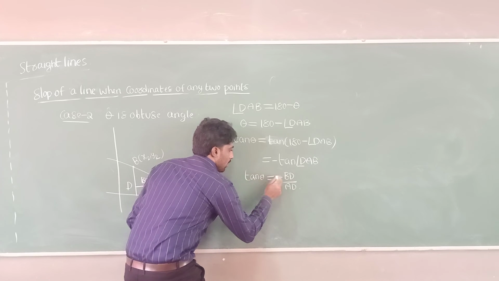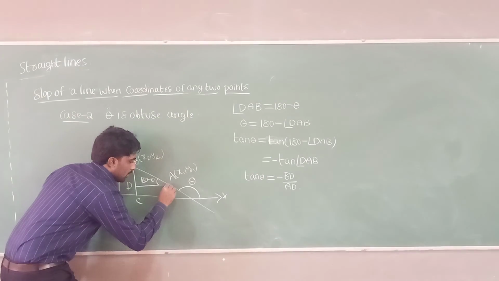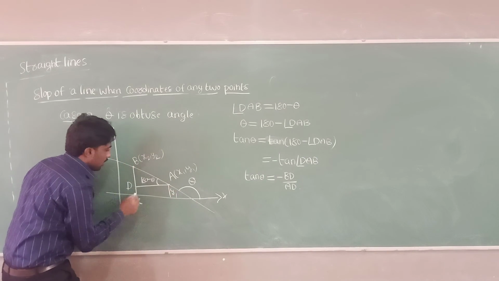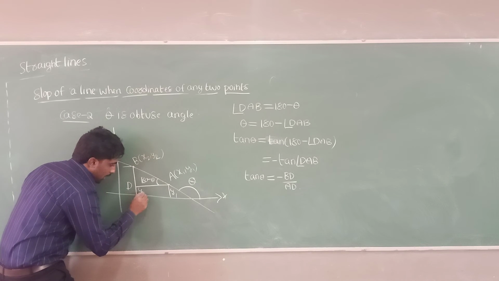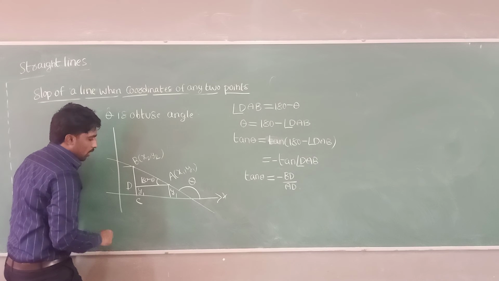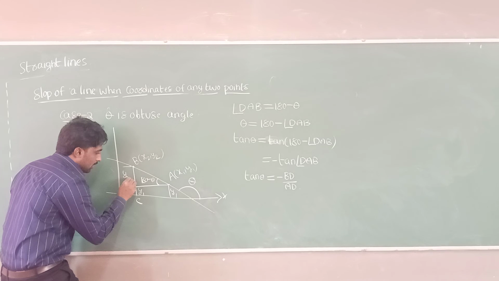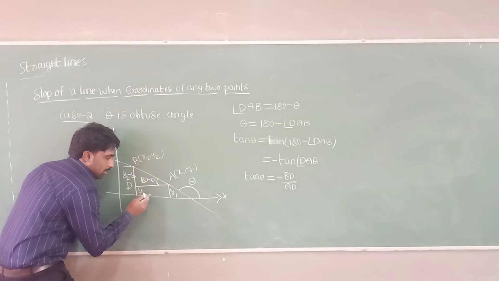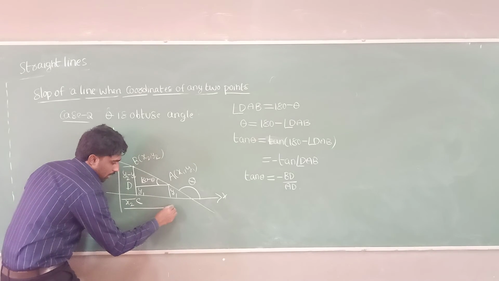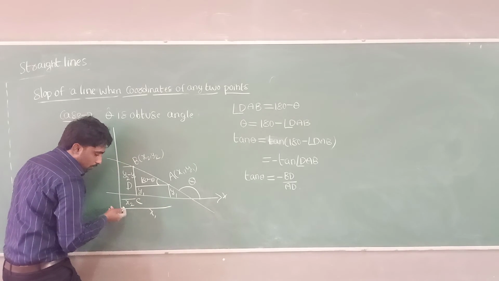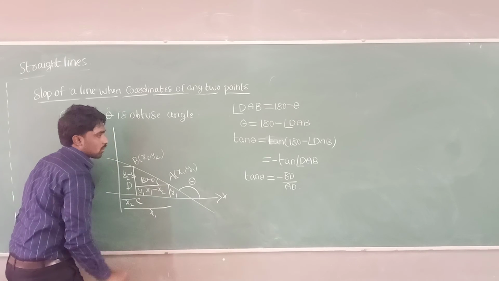Now I need to find the BD length and AD length. As previously, this height is y1, and this height is y2. This height is y1, so this height is also y1. Now this height is y2, so BD becomes y2 minus y1. From here to here is x2, from here to here is x1, so AD is x1 minus x2.